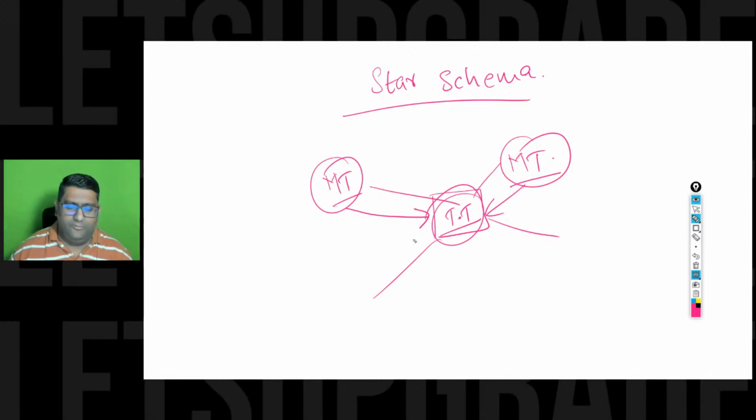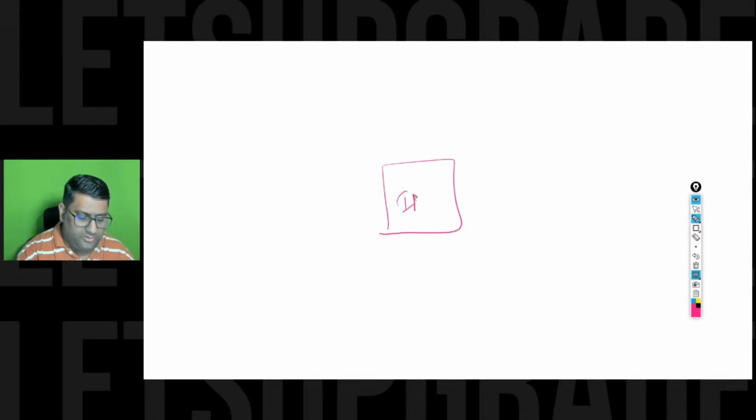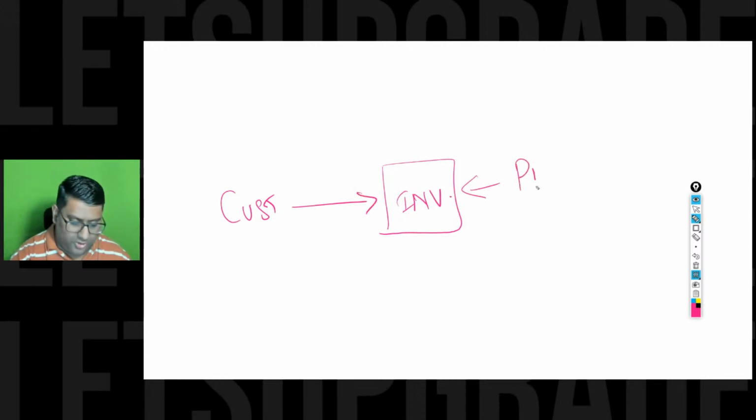So let me give you a simple example with the one that we're actually looking at. Here I've got the invoices table, and I've got my customers table and the products table.